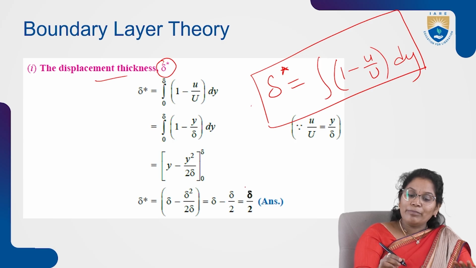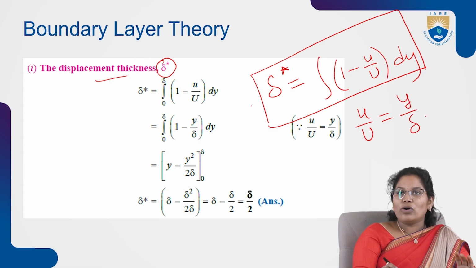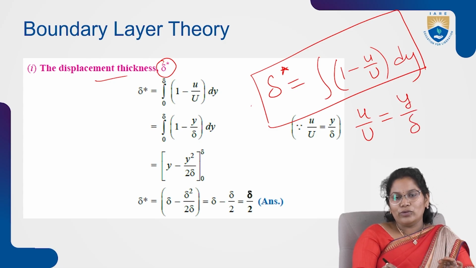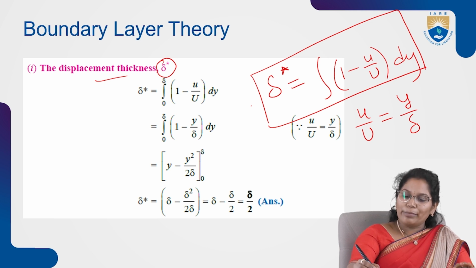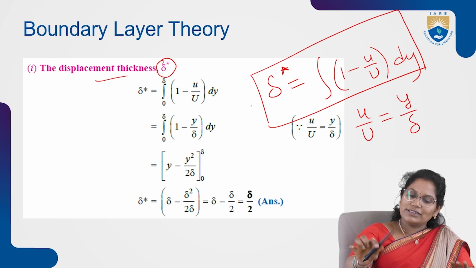So here, in place of small u by capital U, given as y by delta, we have to write y by delta. Right? So already we know this is the formula.